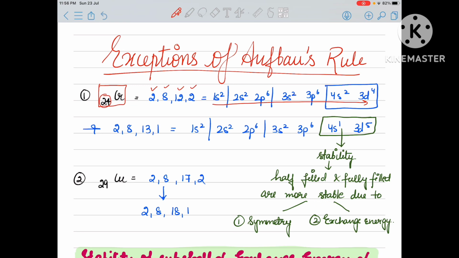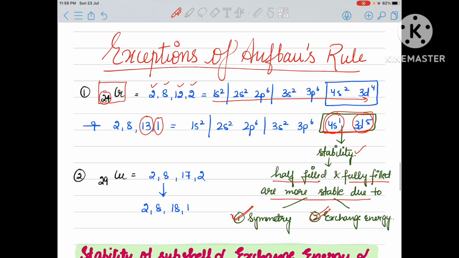But the configuration for this is 4s1 and 3d5. Here is the change which we can see, 4s1 and 3d5, sorry. Why is this so? Because of stability. Why stability? Half filled and fully filled are more stable. Why? Due to symmetry and exchange energy. I hope you know this. You have read in NCERT also. It's clearly mentioned. This is 3d5, that means this is because of half filled stability.